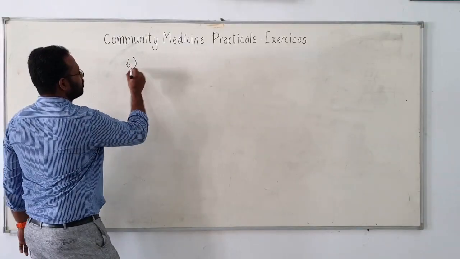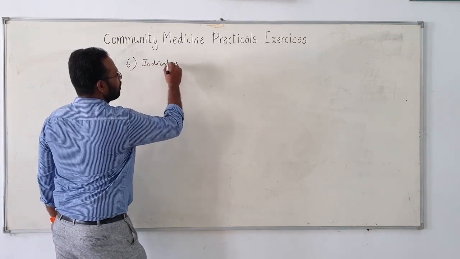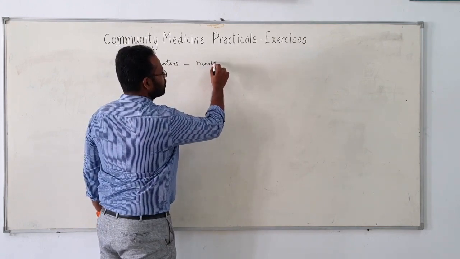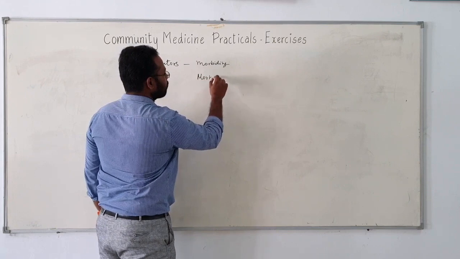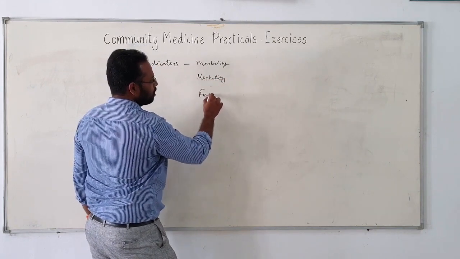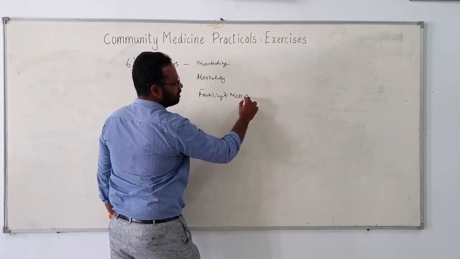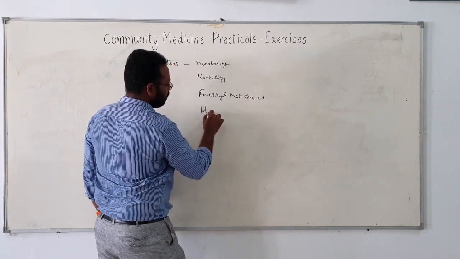Sixth group, indicators. Indicators you can divide into morbidity, mortality, followed by fertility and MCH care indicators, maternal and child care indicators. Then malaria and malaria indicators.